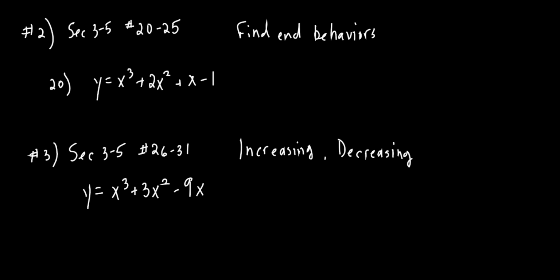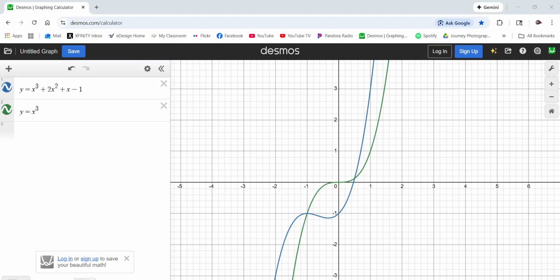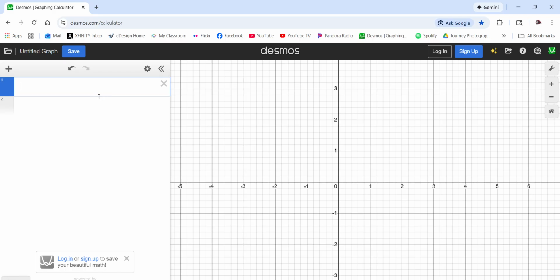So let's change this back to that. All right, let's get rid of these. Oops. There we go. All right, so what was it? Y equals what? X cubed plus 3x squared.